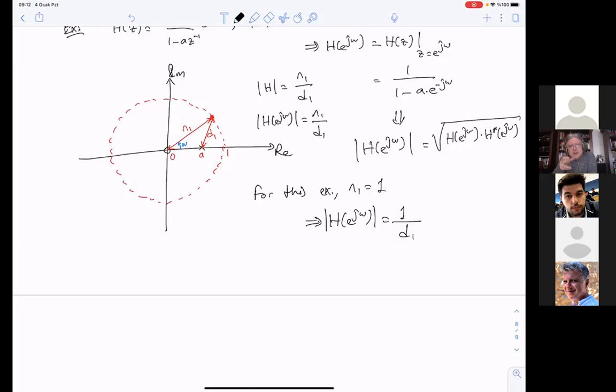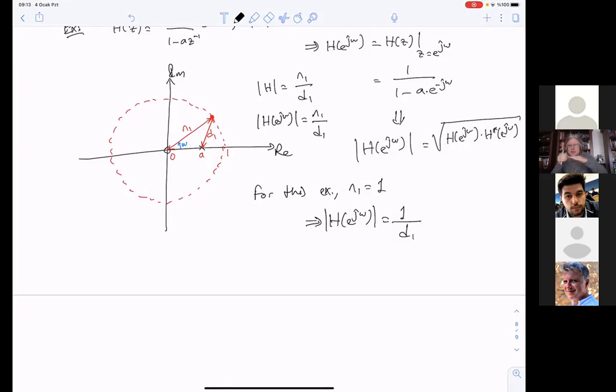And I can see from the figure that as omega becomes smaller, or around 2 pi or around 4 pi, which correspond to the same zero frequency or small frequencies, this distance d1 becomes the smallest, because you come near to the pole.